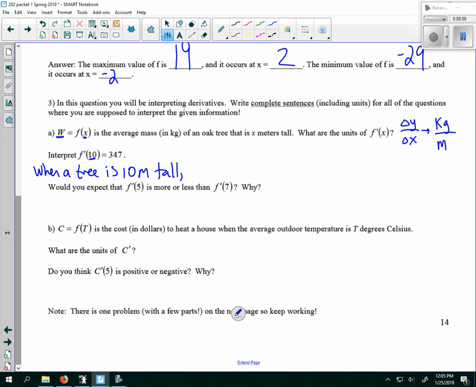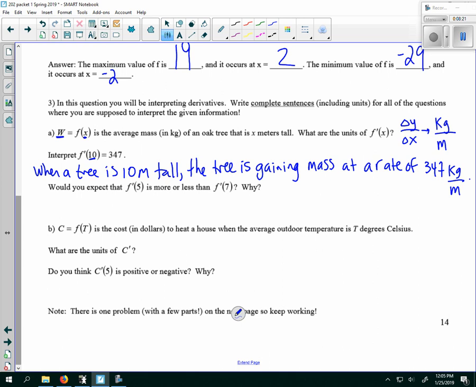So that says that the tree is gaining mass at a rate of 347 kilograms per meter.